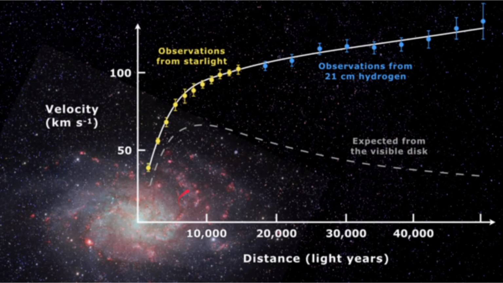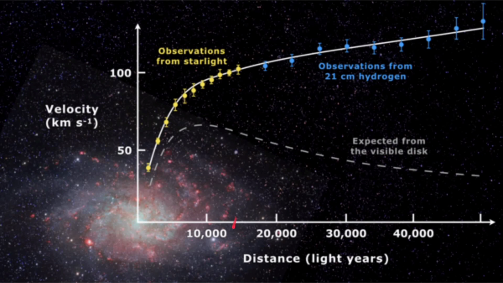So, in this galaxy, most of the stars and gases are present in the region of 10,000 light years away from the center of the galaxy.